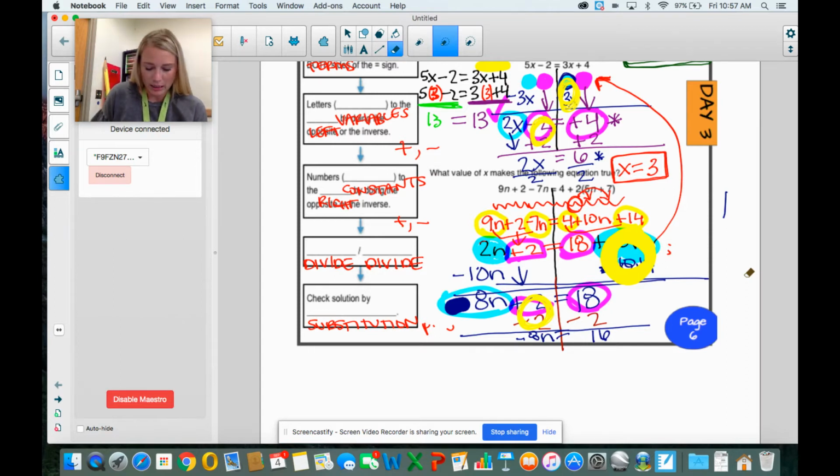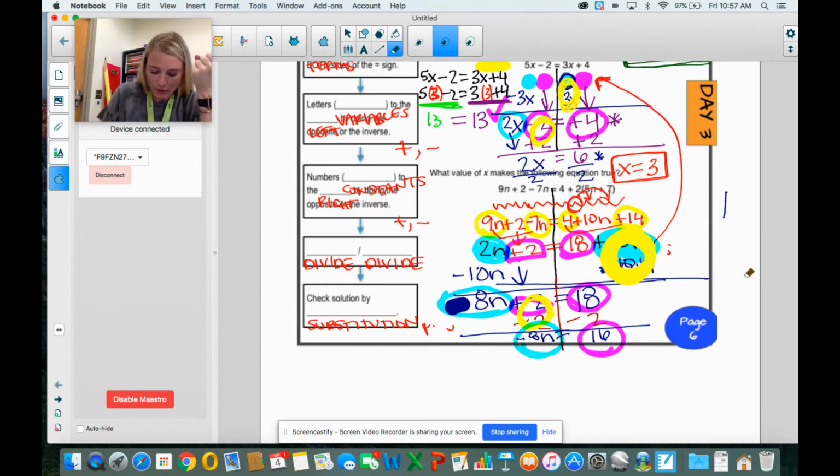So if you notice, I went letters to the left, numbers to the right. So now I've got blue on one side, and then I've got pink on the other. Yay. Now we divide.